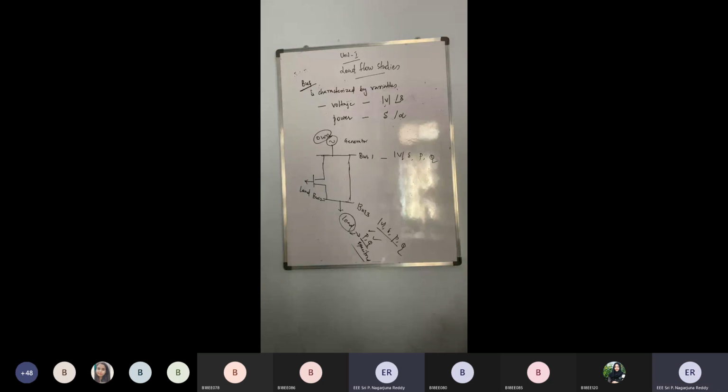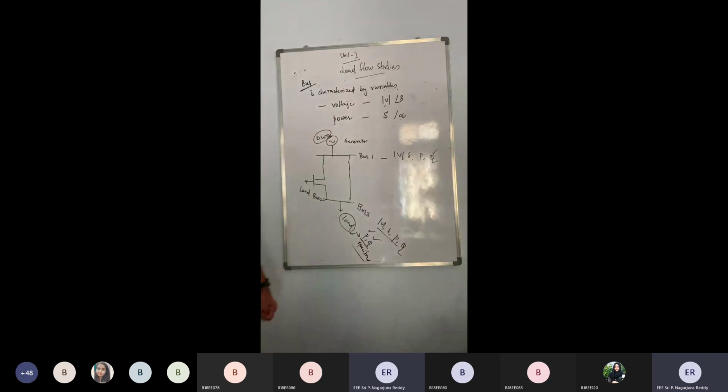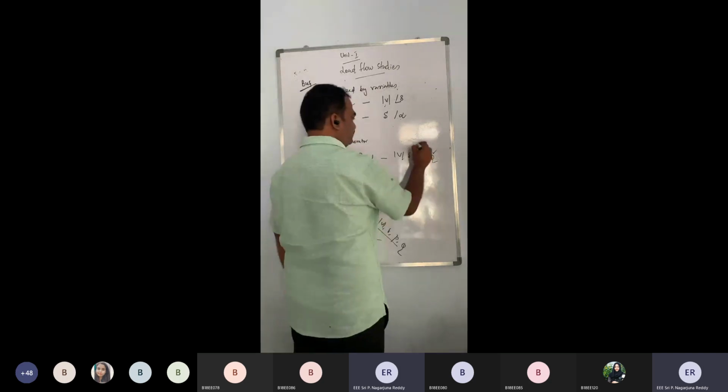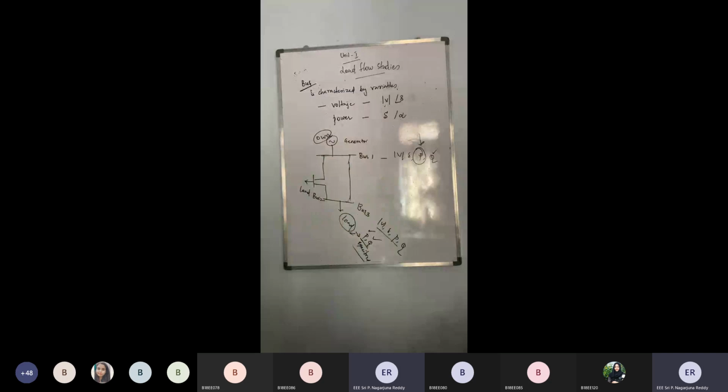Now coming to the generator. Let us suppose you own a generator, what is your concern? Your concern is not about the reactive power because nobody will be getting a sufficient amount of bill for the reactive power. So you will be concentrating on active power from the generator side. Because at the generator, reactive power is only a byproduct.